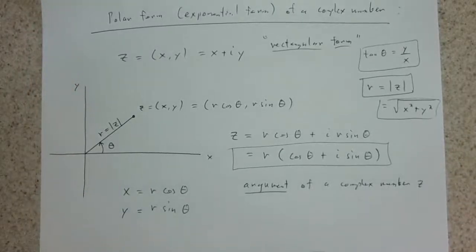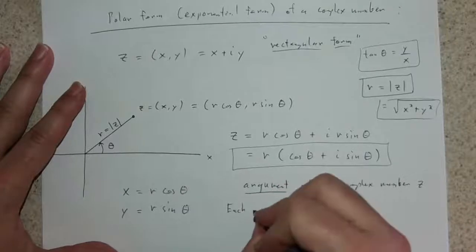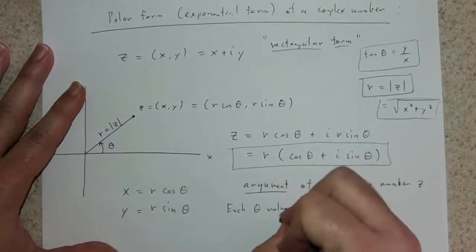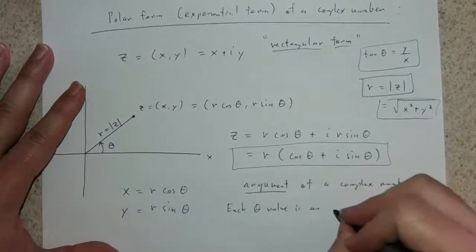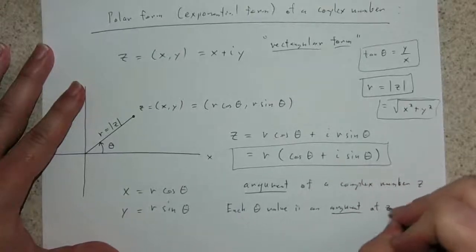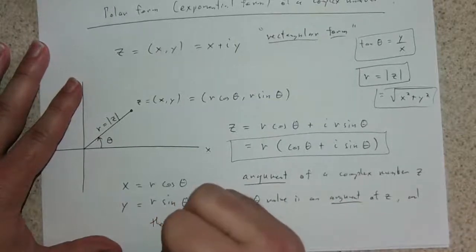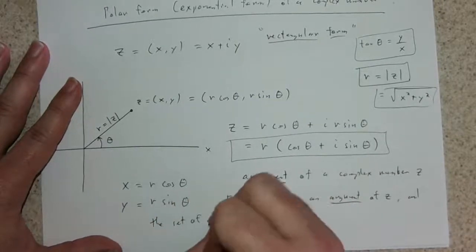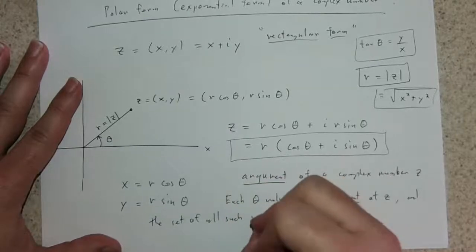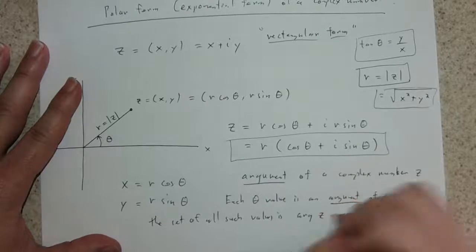So what is the notion of an argument of z? Well, each theta value is an argument of z. And the set of all such values is called arg z.